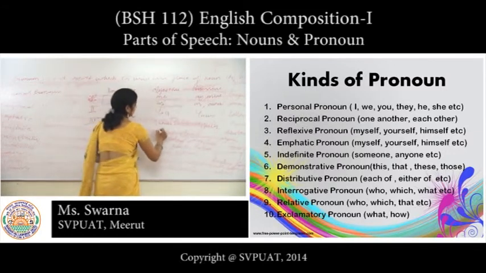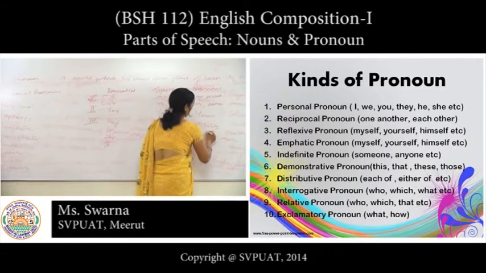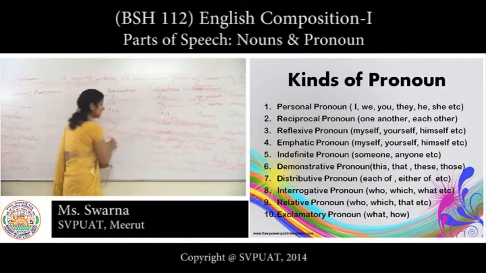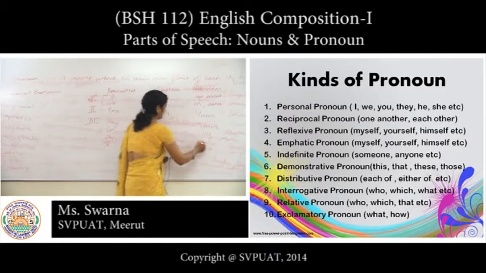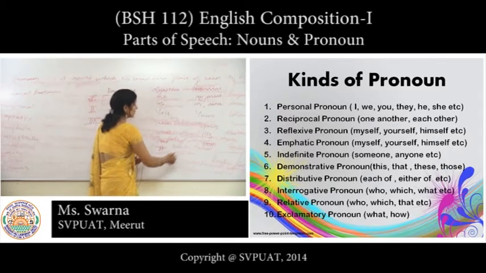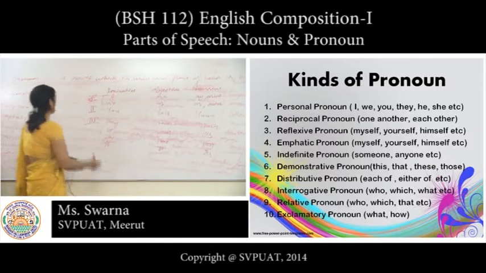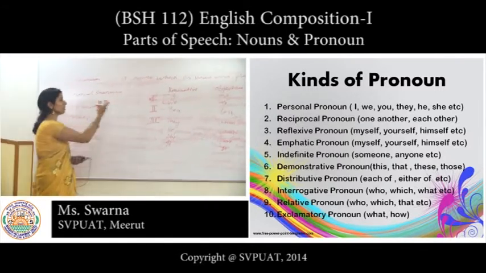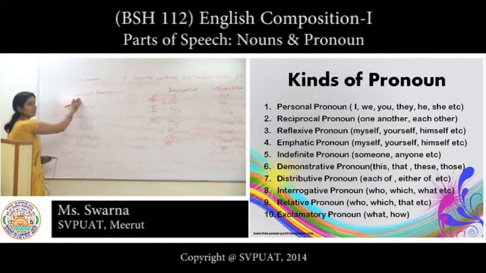And he, him in objective case and his in possessive case. In case of she, her in objective case and the same word is used in possessive case, and it in objective case and its in possessive case. So these are three persons, first person, second person and third person, which are used as personal pronoun.